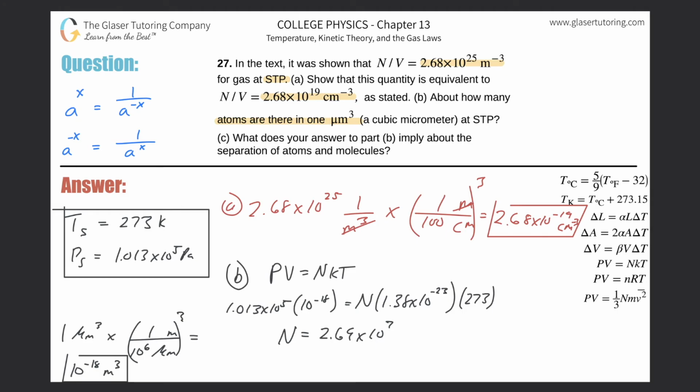This is basically the number of atoms. So in a little micrometer of space, there are about 27 million atoms. Then, what does your answer to part B imply about the separation of atoms and molecules?